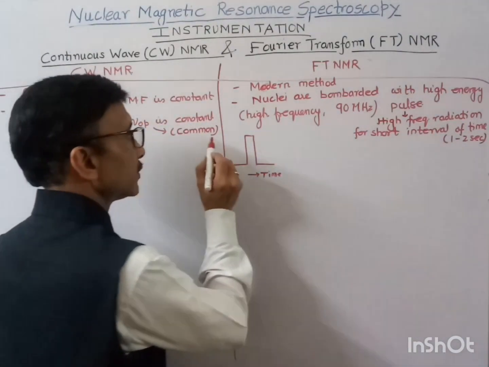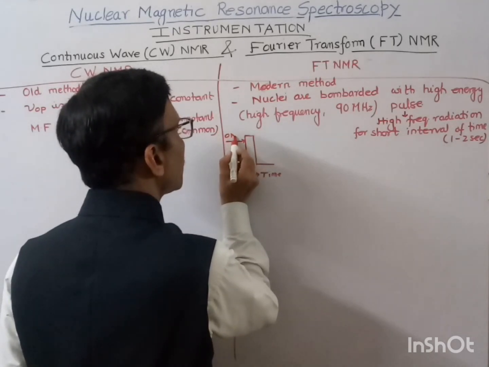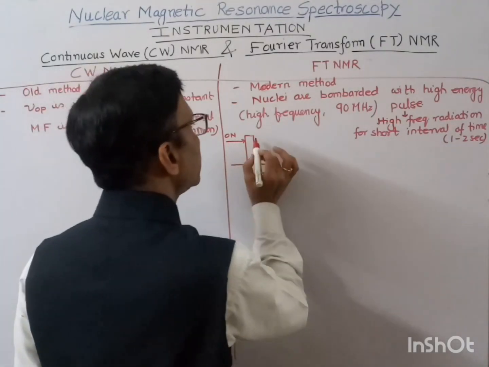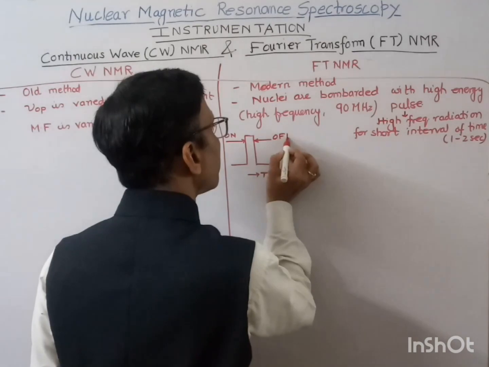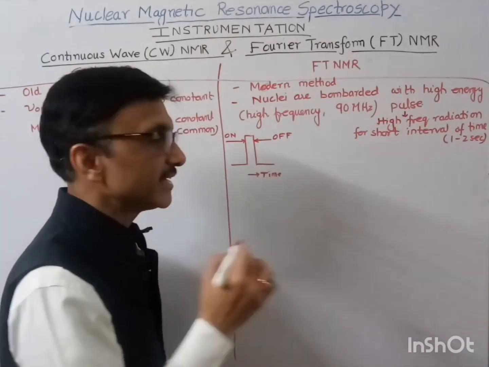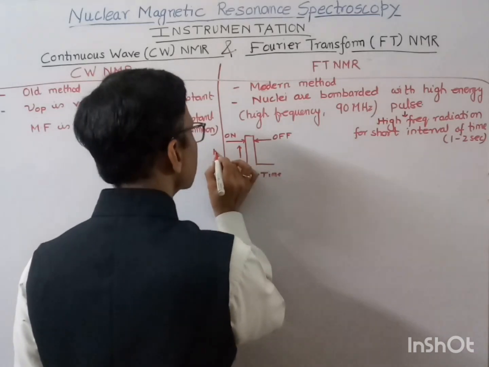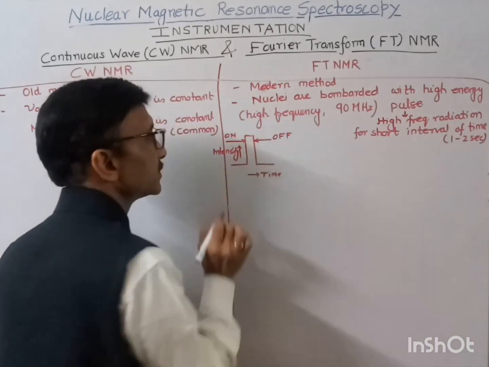Suppose the source is on for only 1 to 2 seconds and very soon it is off. And this shows the intensity of the pulse.